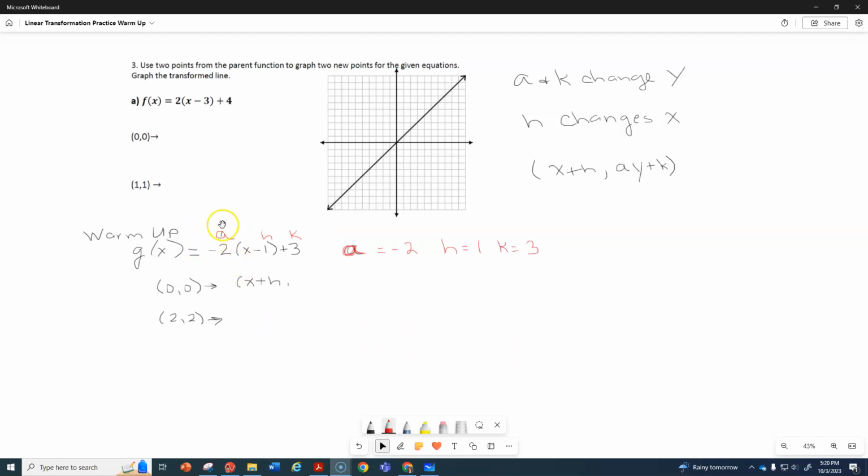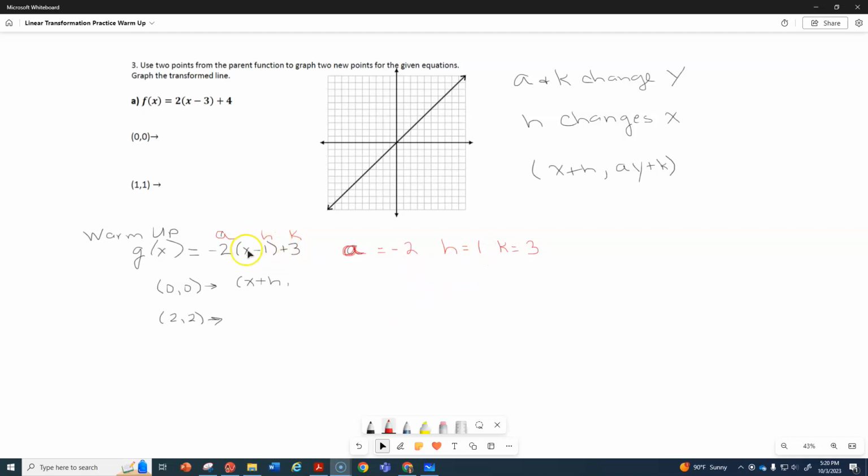So the number that's in front of the parentheses, that's your A. So I've written down that my A is -2. Remember, the minus sign in this problem is part of the formula. So that means that my H value is +1. That's going to be the most missed thing for most of you.